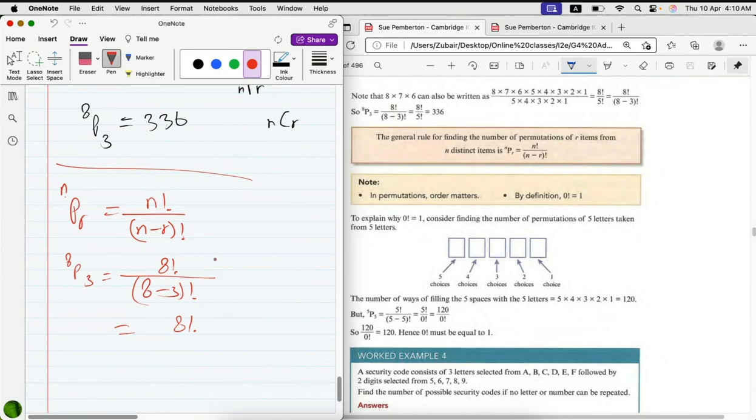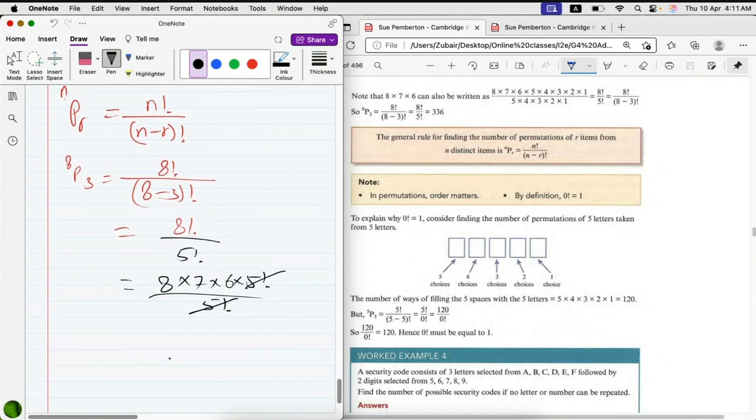If not, this is how it's going to be. 8 minus 3 is 5 factorial. So that is 8 into 7 into 6 into 5 factorial over 5 factorial. This cancels out, and 8 into 7 into 6, we get 336. Number of ways.